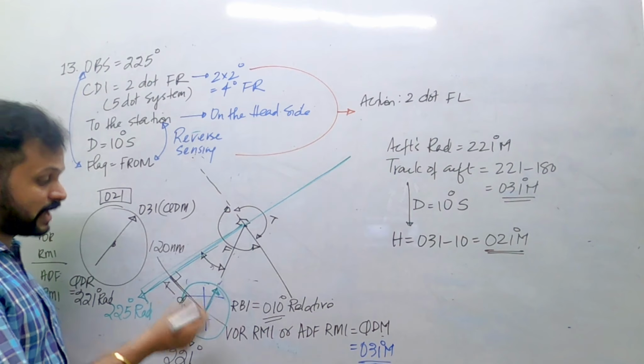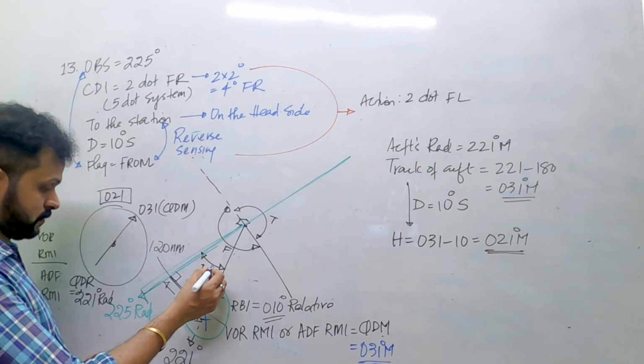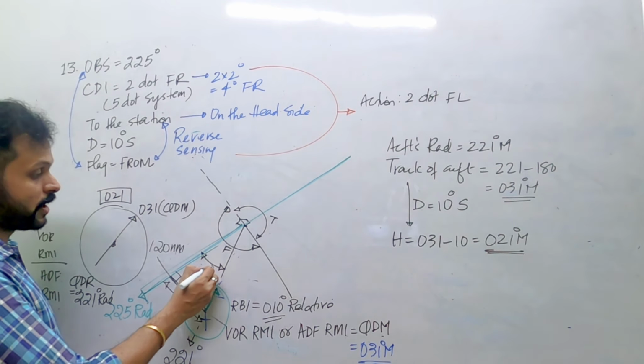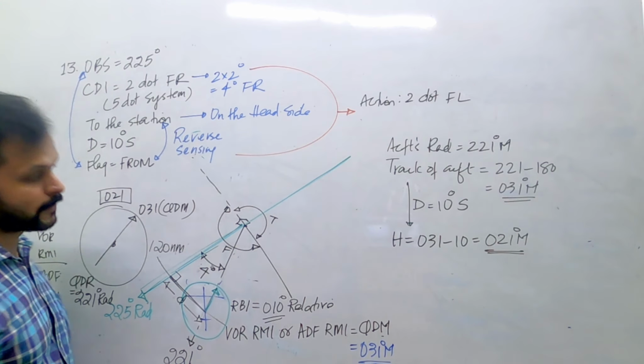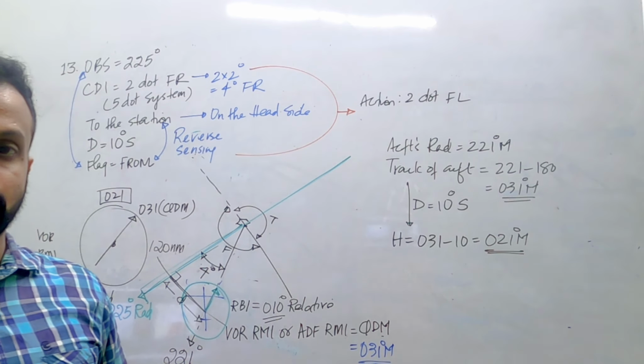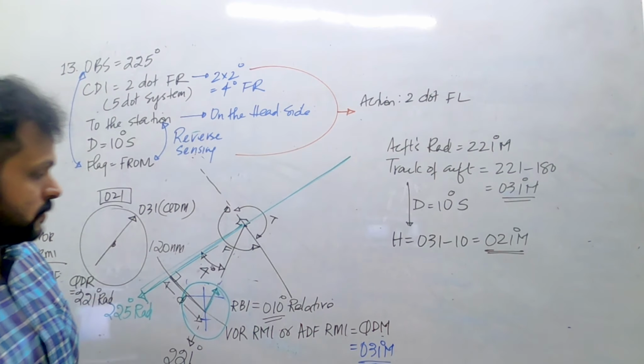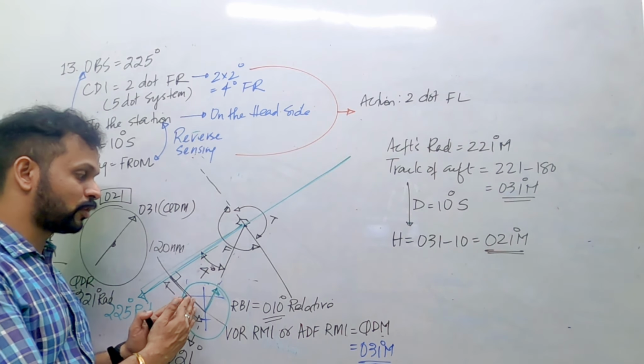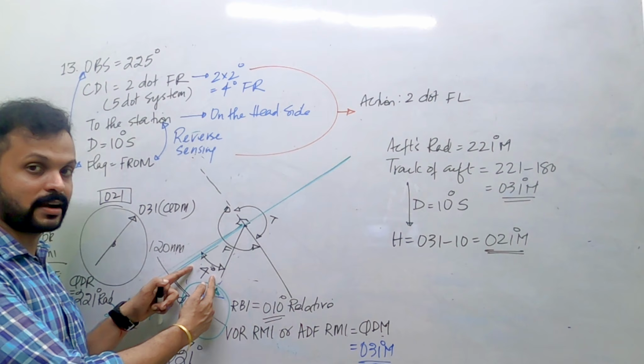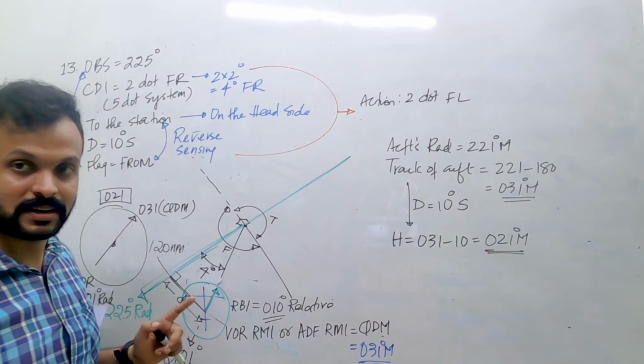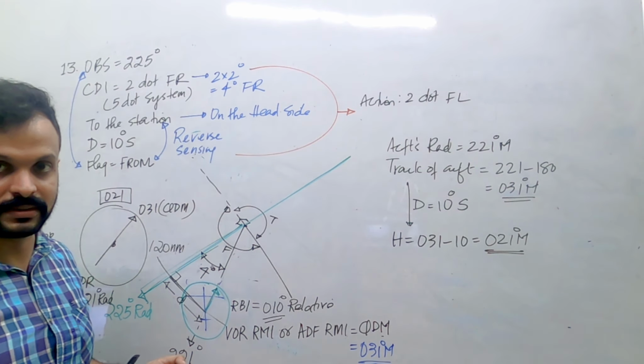Can I apply 160 here? Yes. Why? Because we know the track error, which is 4 degrees, and we know the distance to go. Since you're closing towards the station, this is more like a closing angle, but still that angle is less than 20, and therefore I can use 160 here, right?